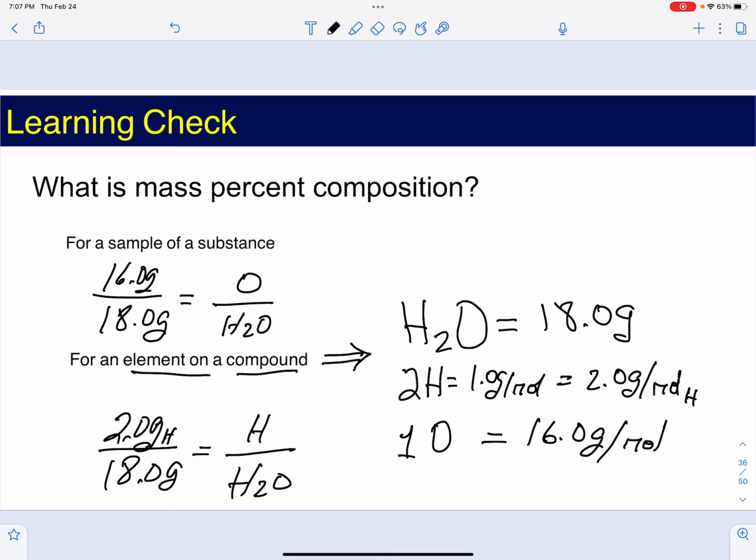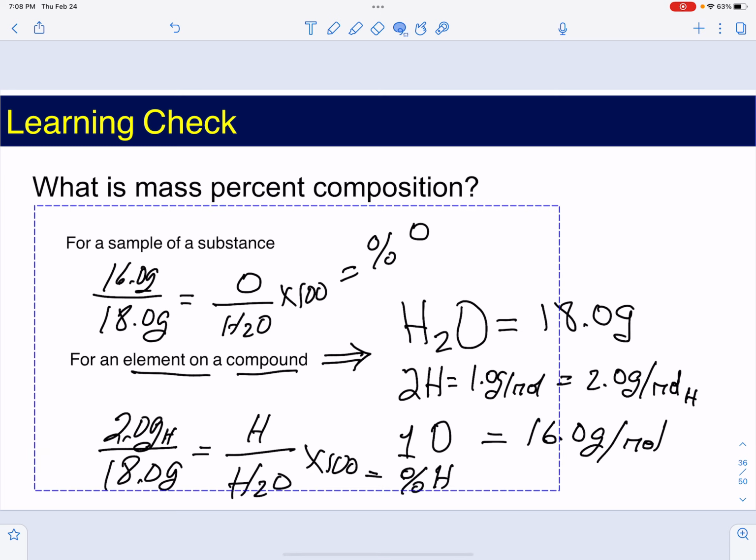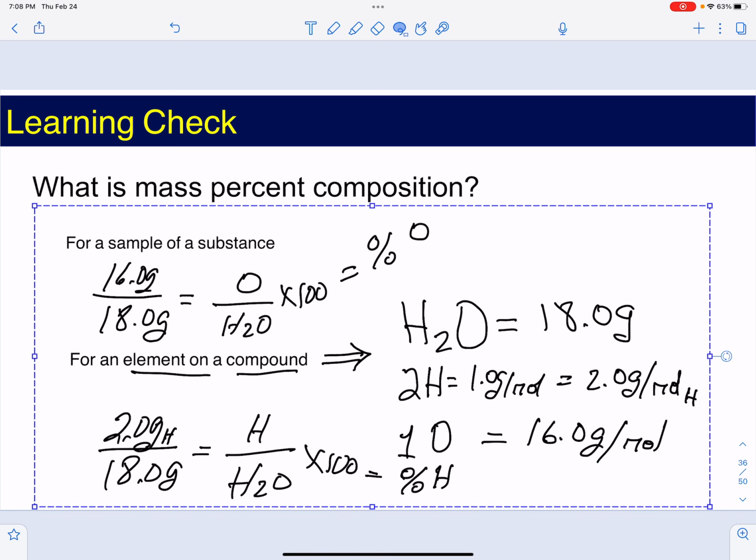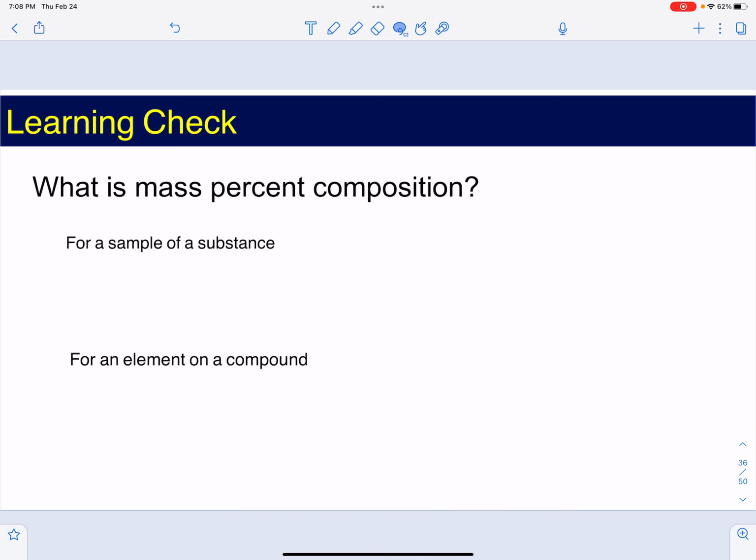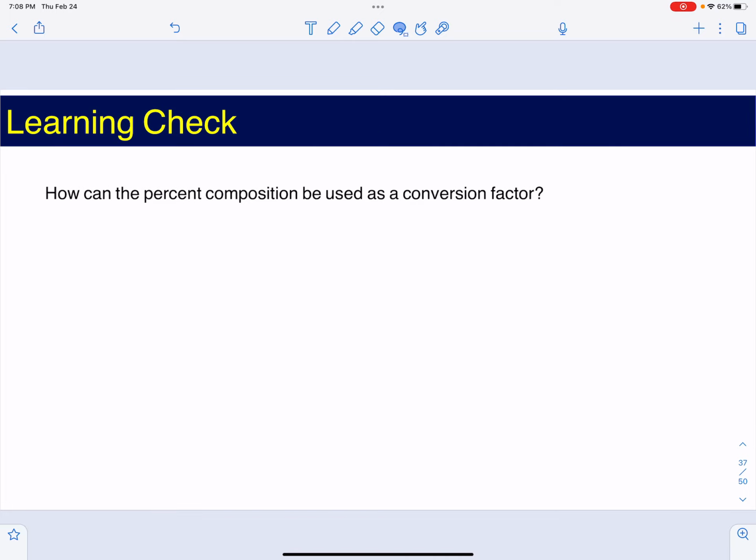And if you multiply that by 100, that gives you the percent of oxygen in water. If I multiply this by 100, that gives me the percent of hydrogen in water. So that's how we do it with the formula. That's how we do it with a given amount of a given substance. So let's do some problems with that so we can get a better idea of how to use these concepts.